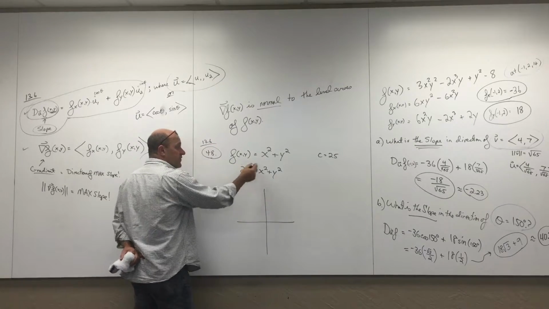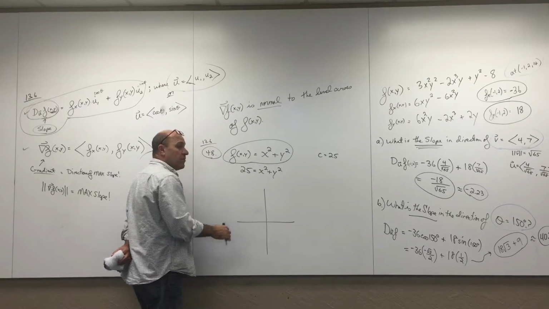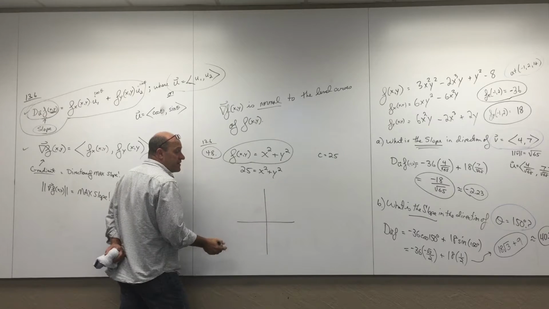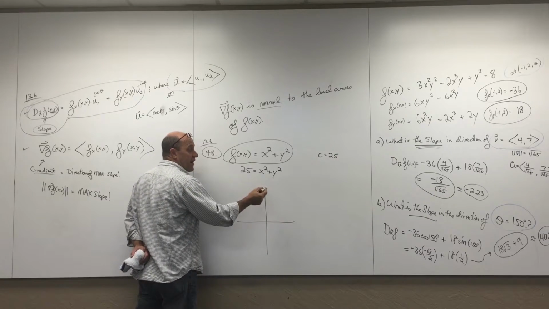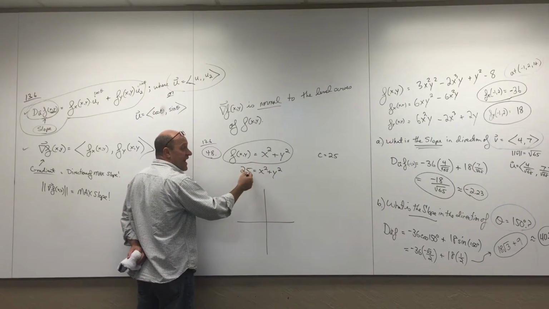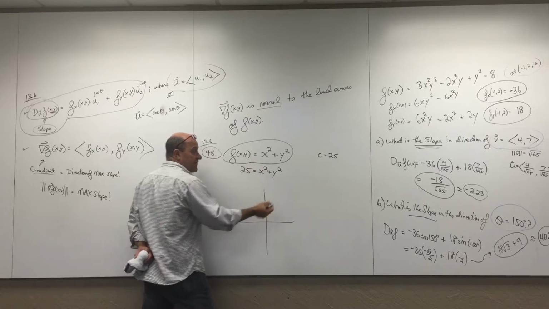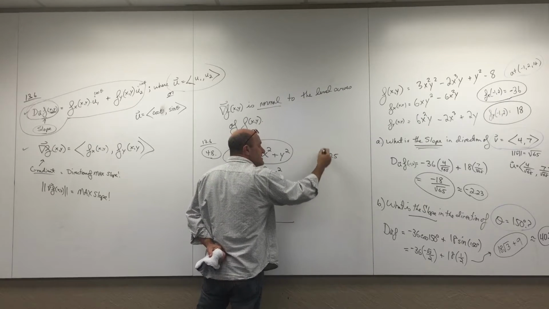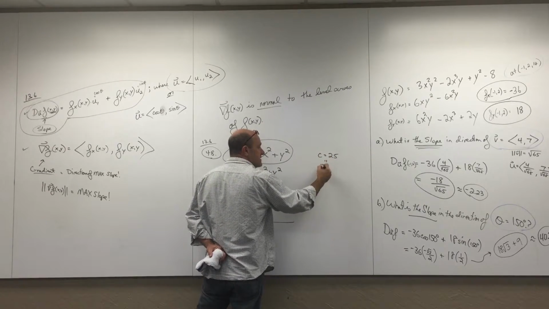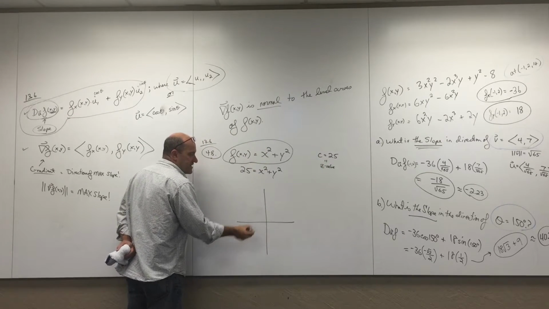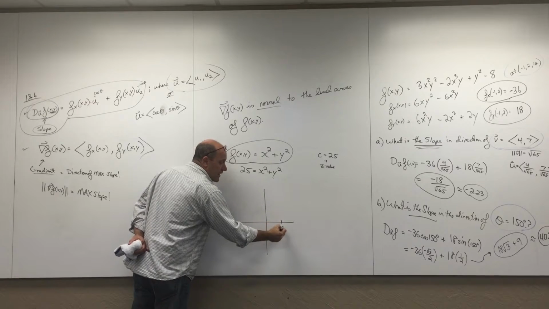So this is a 3D surface, but I'm looking at a 2D image of just where Z is 25. Z or C is 25. This C, it's a Z value. I plugged it in for Z. And when Z is 25, I get this circle of radius 5.